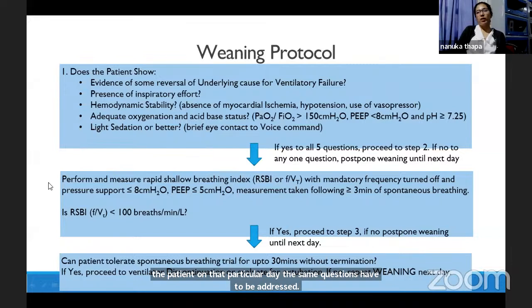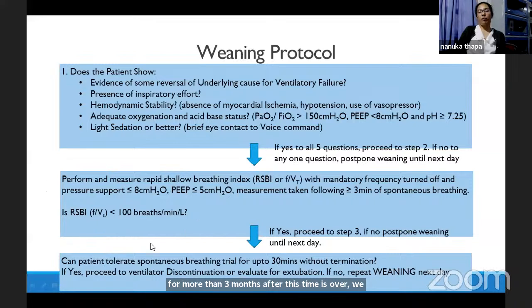Step 2 of the weaning protocol is the calculation of the rapid shallow breathing index, also known as RSBI. RSBI is the ratio of frequency divided by tidal volume. Now, when the mandatory breaths are turned off and we use a pressure support of 8 and PEEP of 5, and put the patient on spontaneous breathing for more than 3 minutes, after this time is over, we calculate the RSBI.